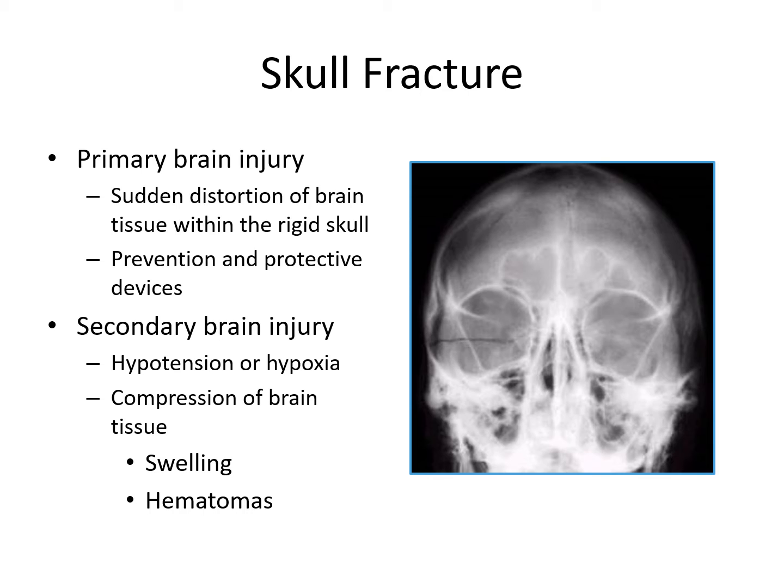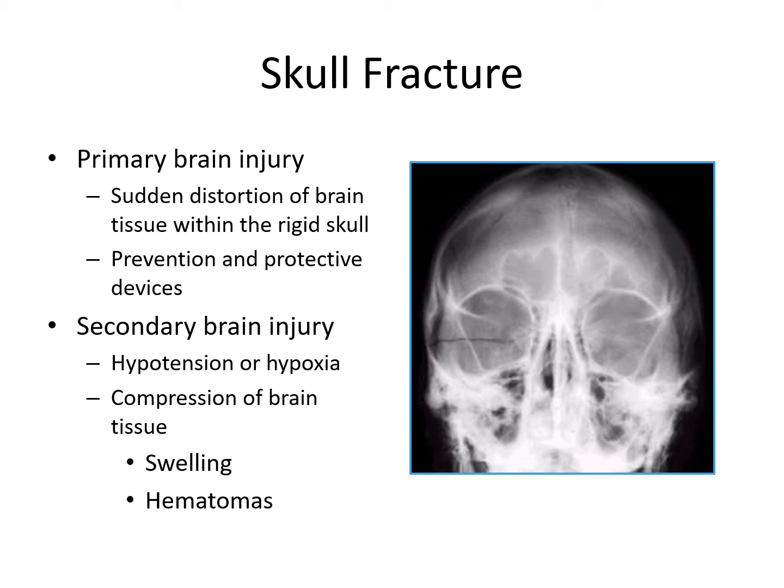Yes, there is a skull fracture, and that may be where the primary brain injury occurs, but we also have to remember that there is secondary brain injury. So the primary brain injury is due to a sudden distortion of the brain tissue within the rigid skull.